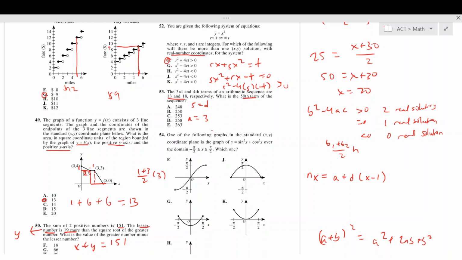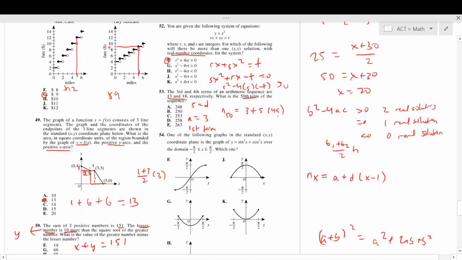To get to the 50th term, term 50 must be equal to the first term plus the common difference d multiplied by 50 minus 1, or 49.